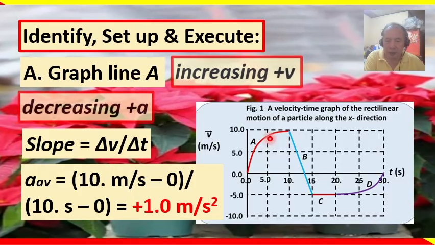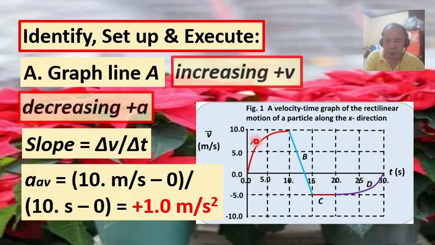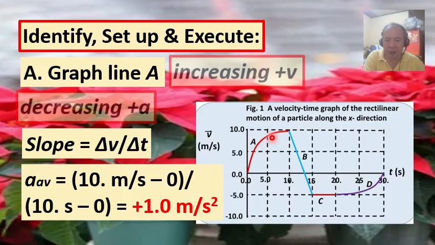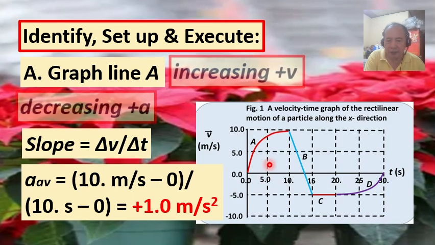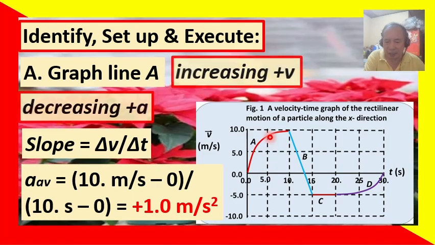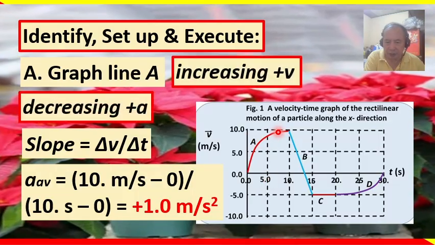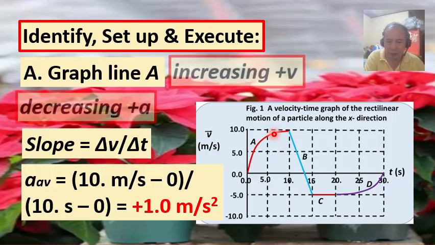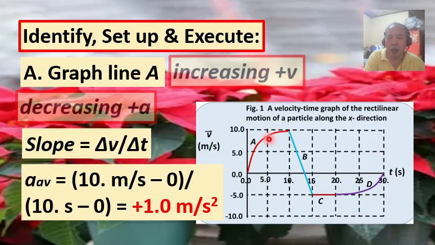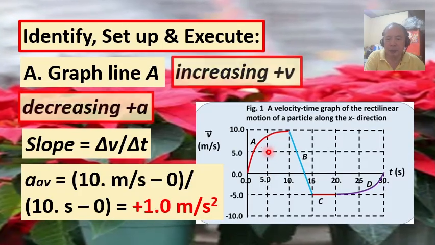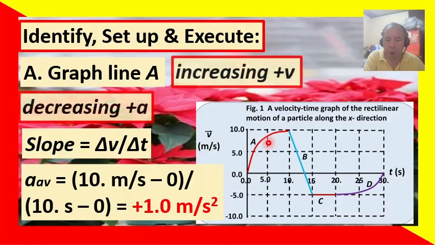That line intersects only that point in the graph, and it does not intersect any other point in the graph except for the intended instant, like, for example, at exactly 5.0 seconds. So that is the graphical technique of determining the instantaneous acceleration, which is represented by the slope of the curve at that point.